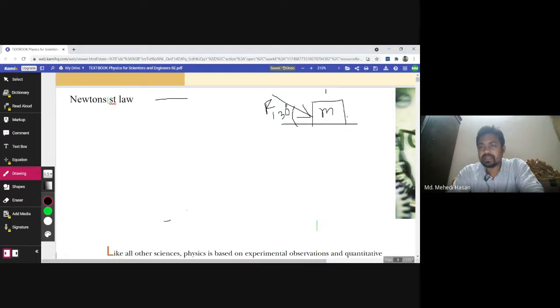Another force is acting along that direction, which is F2, and say another force is acting along that direction, which is F3, and the angle produced with the x-axis or F2 is say 20 degrees.